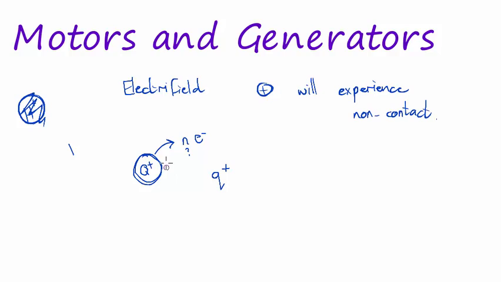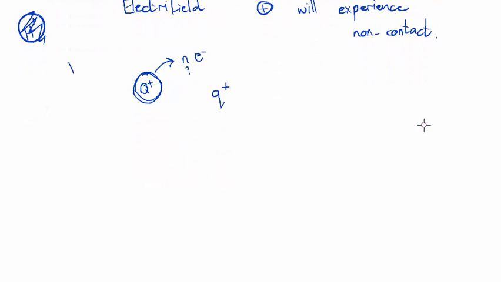Now, what will a positive test charge experience from this positive charge? This positive charge will repel it. So let's do it like this: we've got our charge Q plus here, and this charge will repel it. It will push it away. If I put this test charge wherever around it, it will repel it like that.